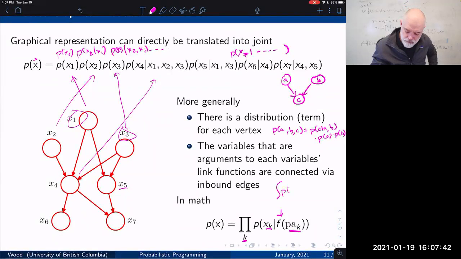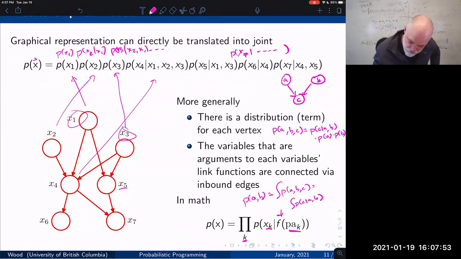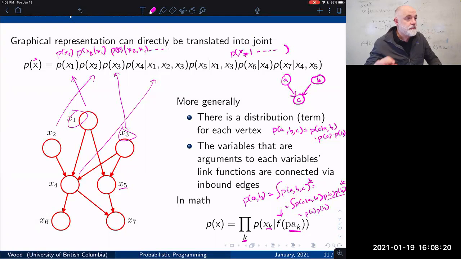So the integral of P of A, B, C is the integral of P of C given A, B times P of A times P of B, dC. These are independent of C, so they come out, and if you integrate this over C, it's 1. So this is just equal to P of A times P of B, okay? So if you don't know C, then A and B are independent.